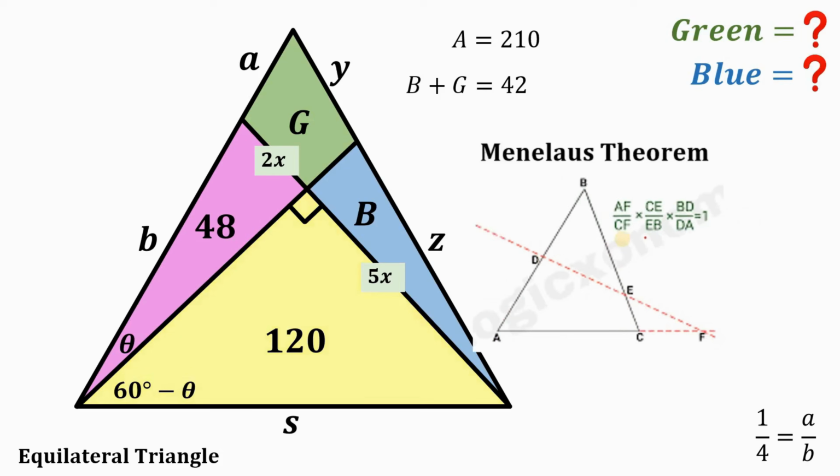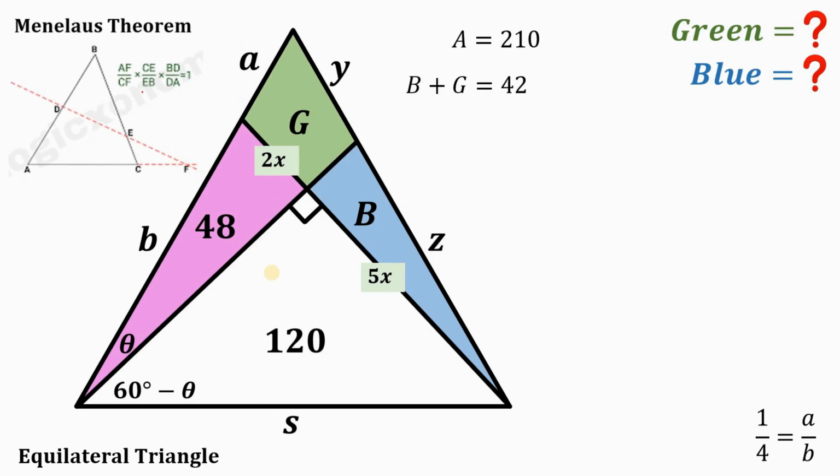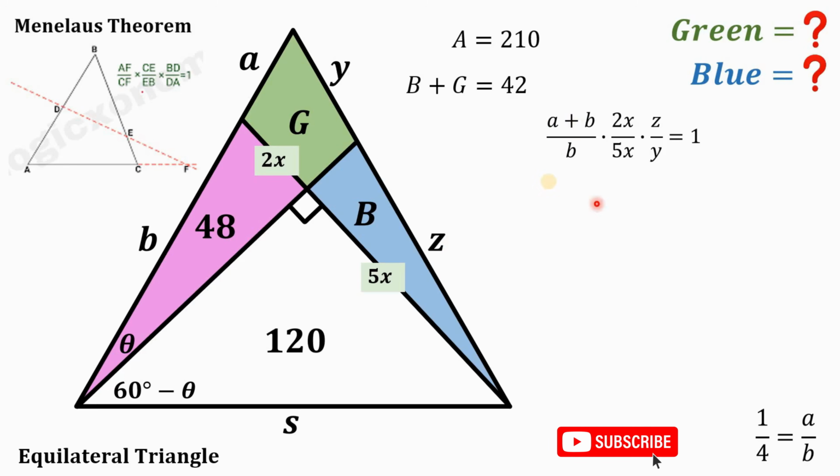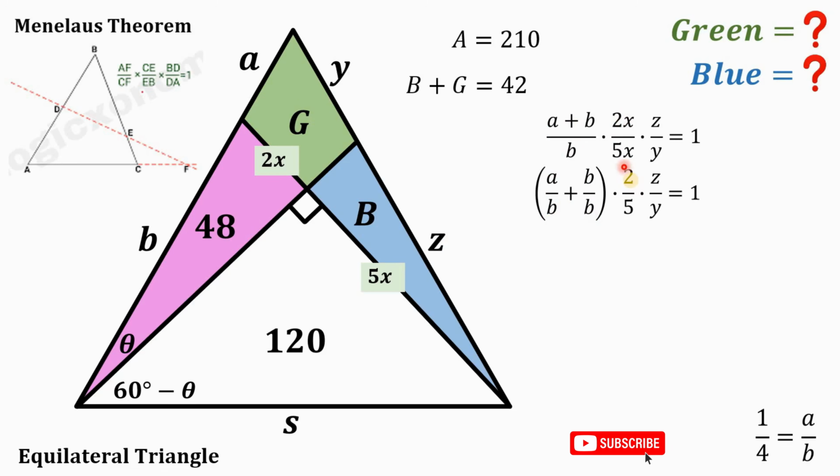So, using this concept on this figure, we can say that (a plus b) over b times 2x over 5x times z over y equals 1. Now, simplify this. This (a plus b) over b, we can rewrite this as a over b plus b over b, and this 2x over 5x becomes 2 over 5.